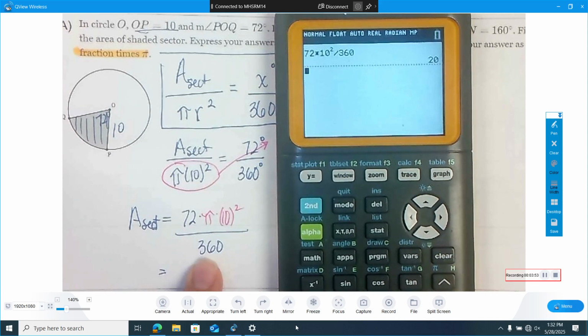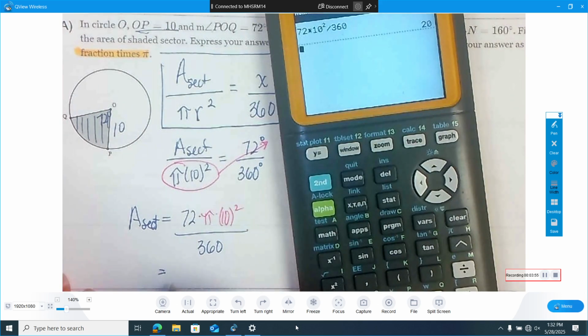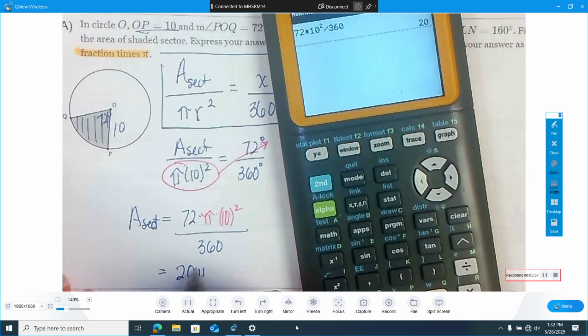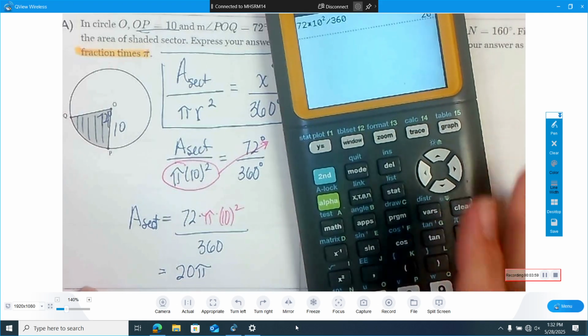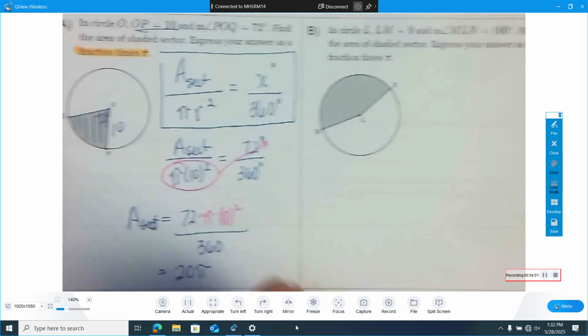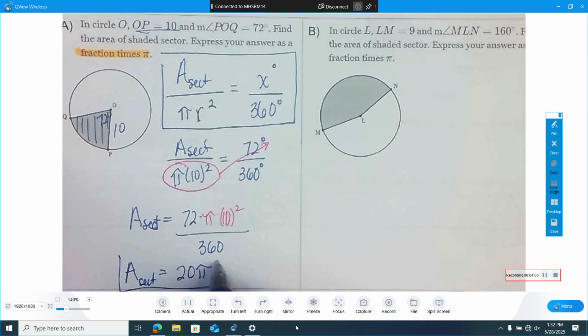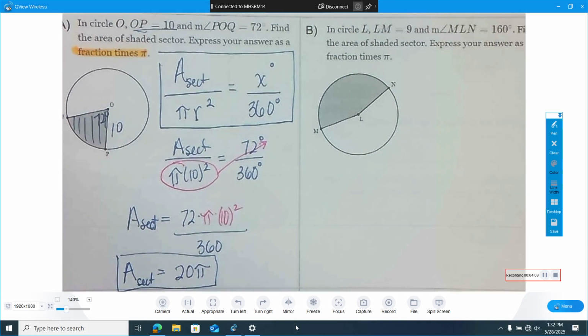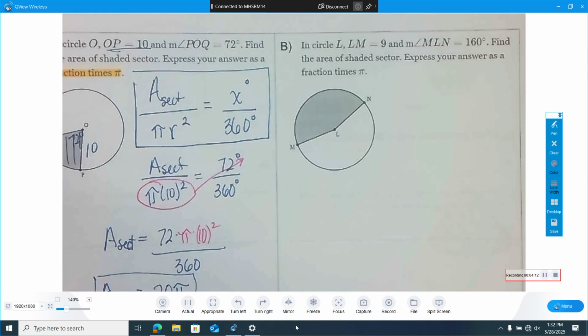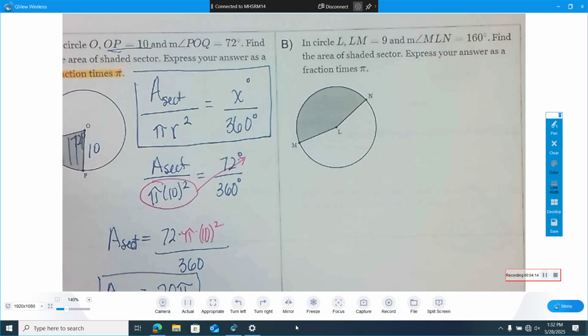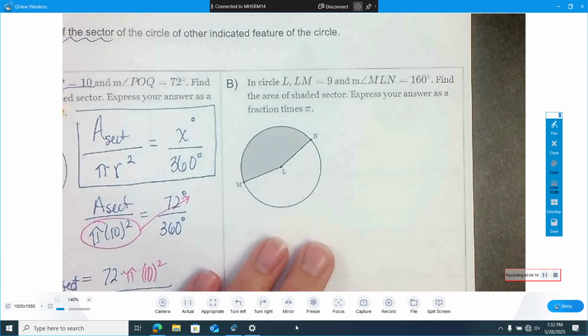That's going to take care of the numbers. So that would give us 20 times pi for the area of the sector in terms of pi, which I should have read. The hardest part about math is reading. How many times have I said that this year? Okay, a lot.